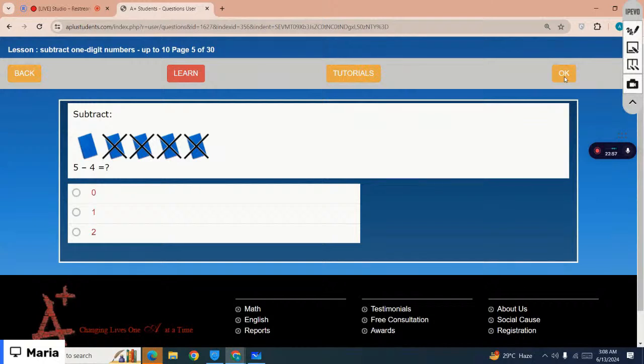5 take away 4. So which is the correct option? 5 take away 4 is, yes, 1 it is. The correct option is 1. You are left with only one notebook. So the correct option is 1.